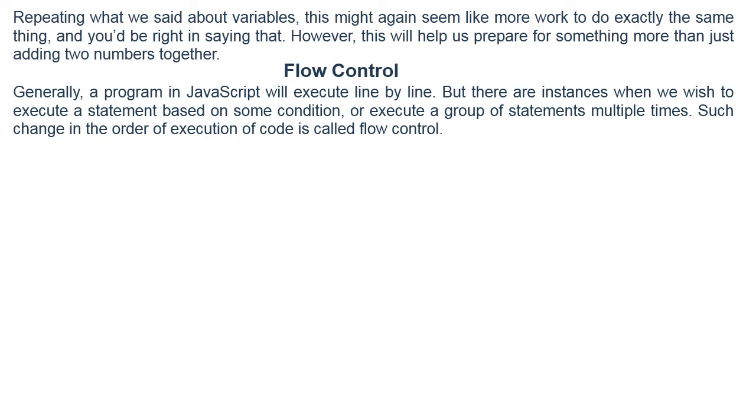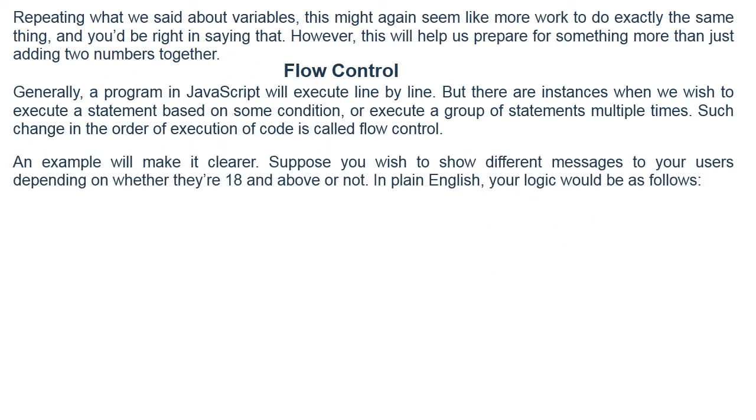The next one is flow control. Generally, a program in JavaScript will execute line by line, but there are instances when we wish to execute a statement based on some condition, or execute a group of statements multiple times. Such change in the order of execution of code is called flow control.